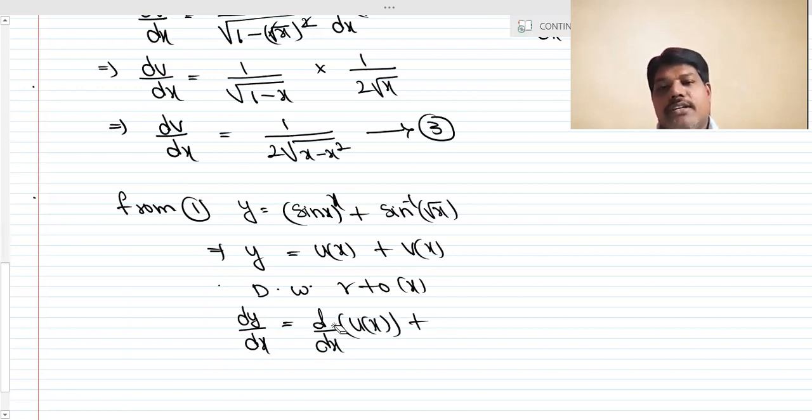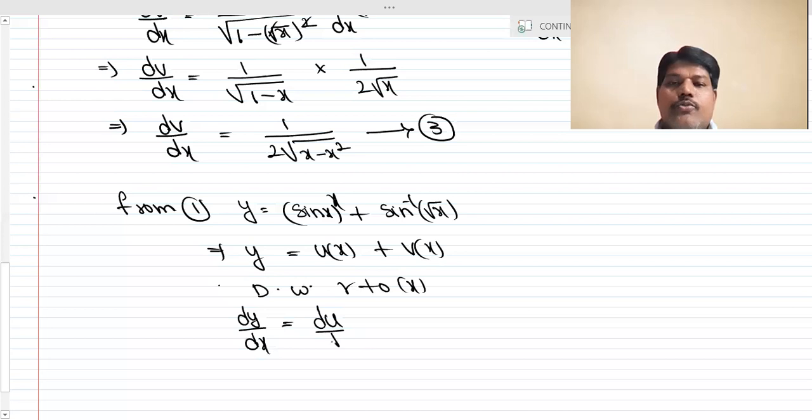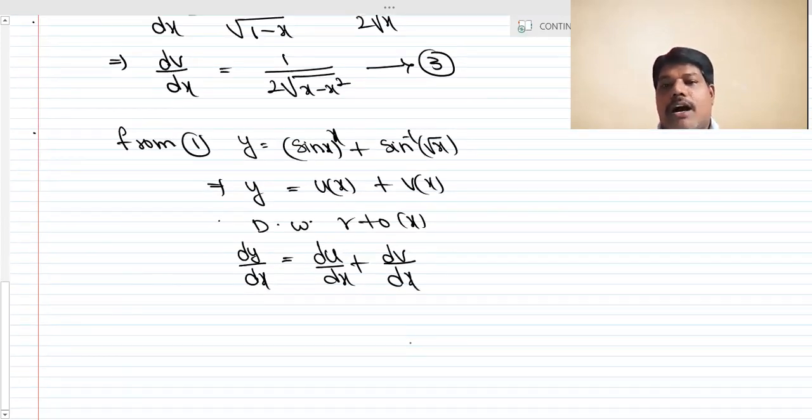You can write directly, students: du by dx plus dv by dx. Already you know these two values, so you can write directly.